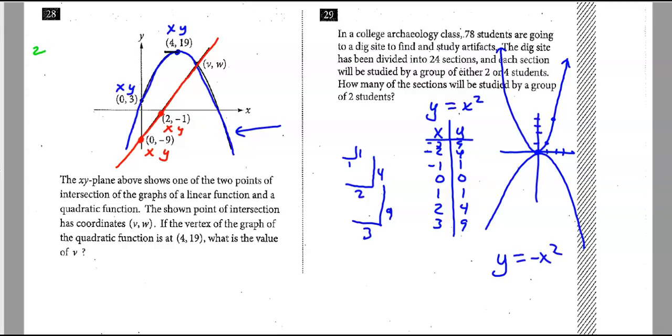If I come over 1, down 1, that would put me at (3, 18). And then if I go over 2, down 4, that would put me at (2, 15). And if I come over 3, down 9, so over 3 would put me at 1, down 9 will put me at (1, 10).